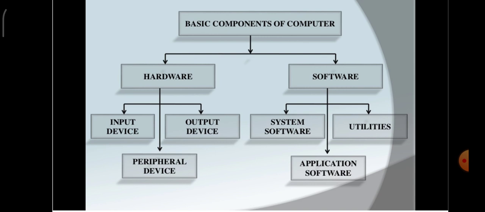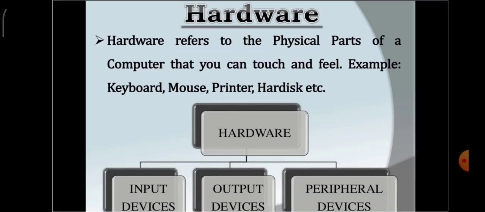What are they? Input device, output device, and peripheral device. The software is subdivided into 3. What are they? System software, application software, and utilities. You will learn each and every device in the next slides.